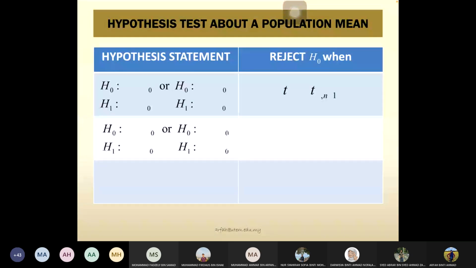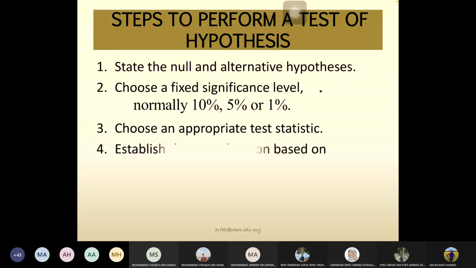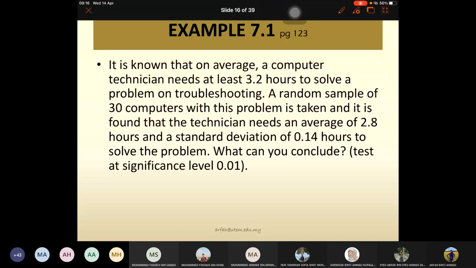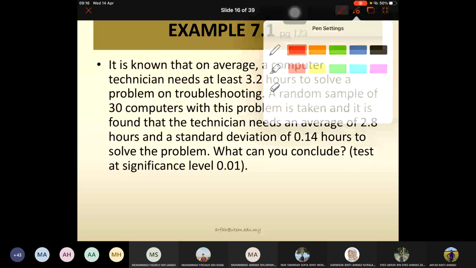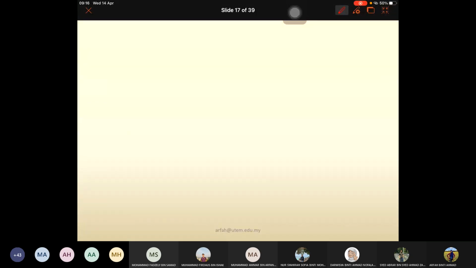Okay, so hypothesis statement kita adalah this one. Okay, kita tengok example tadi. So ini adalah kita punya statement. This one. At least 3.2 hour and average. So this is your claim. Okay. So kita tulis dekat dalam the hypothesis testing.